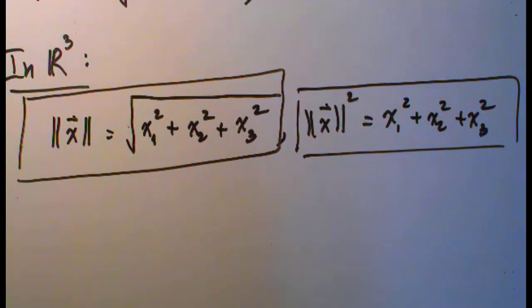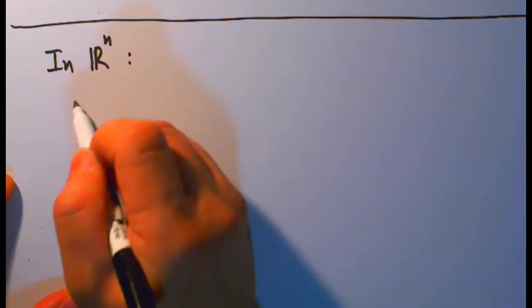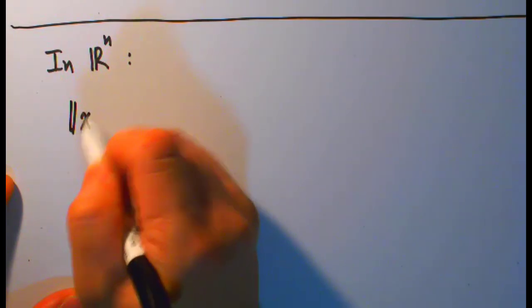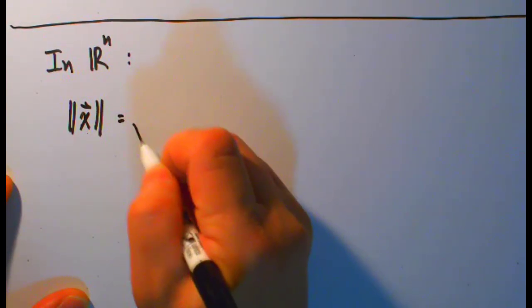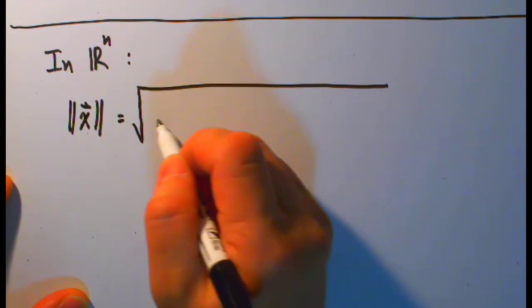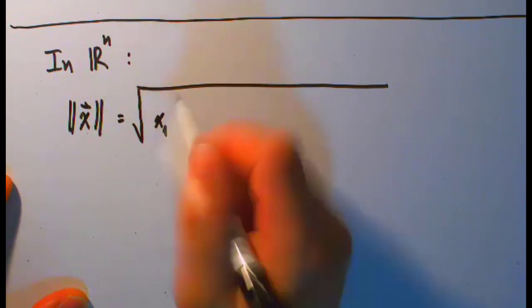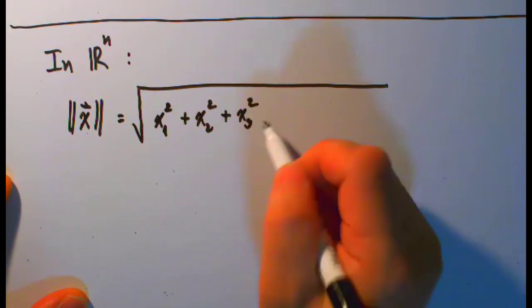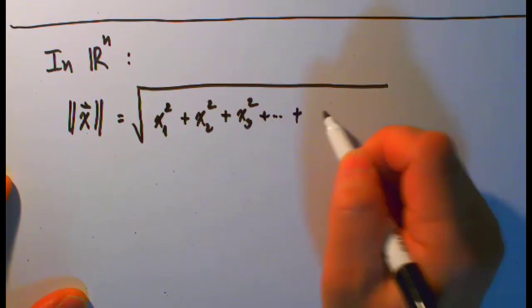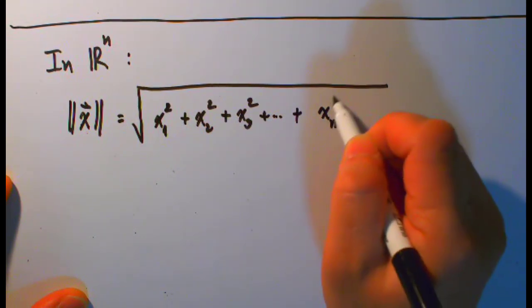So here in linear algebra, even if you're in a space that's much higher dimension, let's say again Rn, then we can generalize the idea that the length of a vector x in Rn space is simply the square root, and inside of that square root it's x1, representing component 1 of your x vector, square, plus x2 square plus x3 square, and keep adding until we hit xn, the last component.